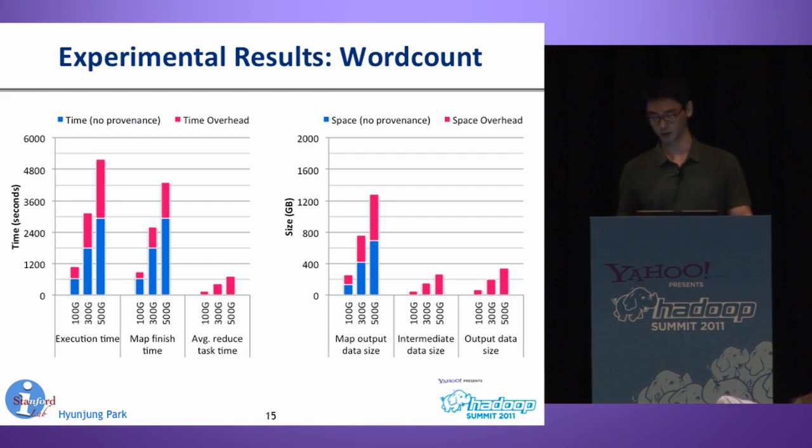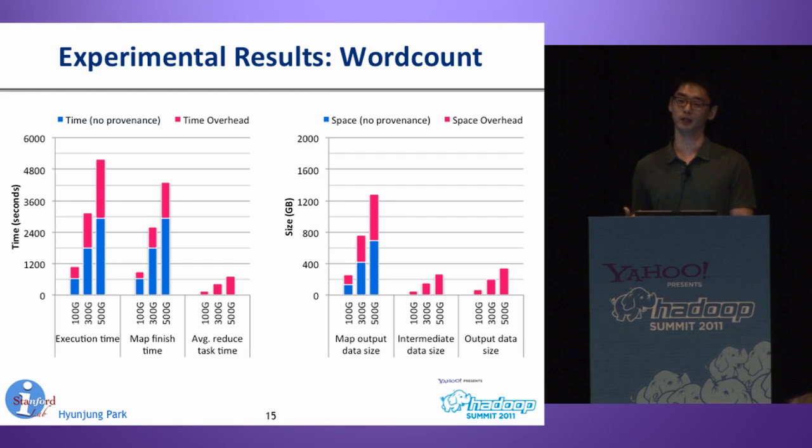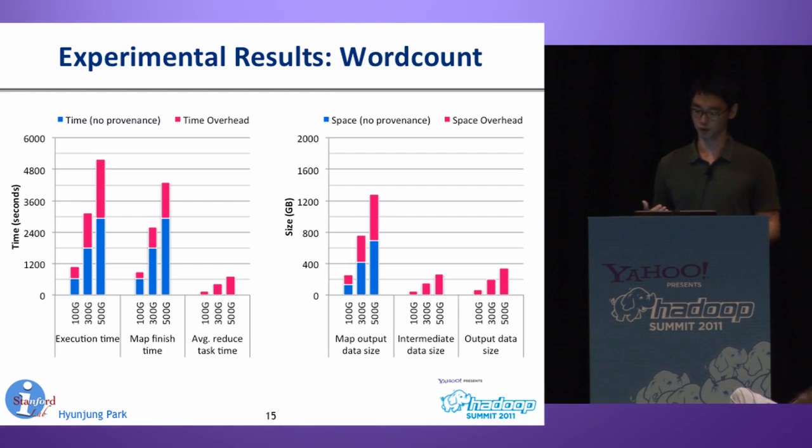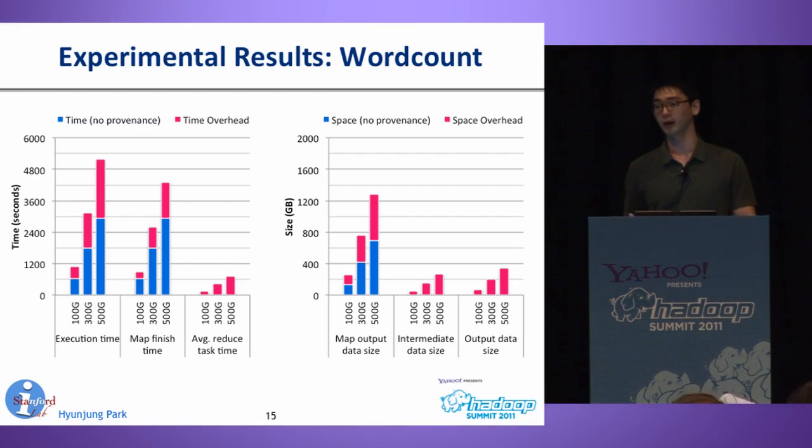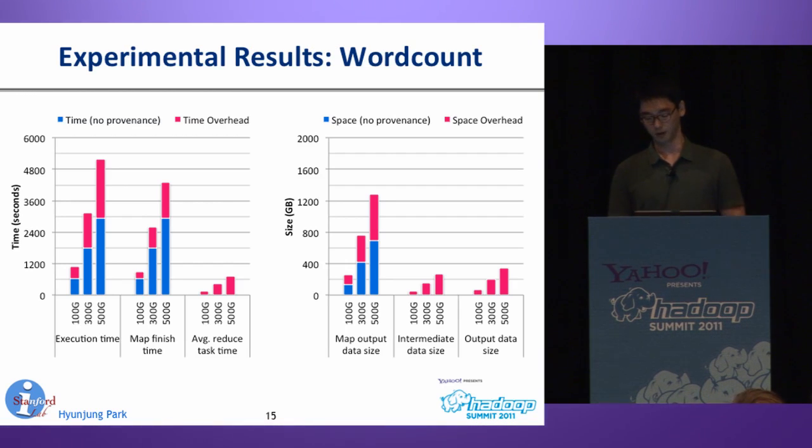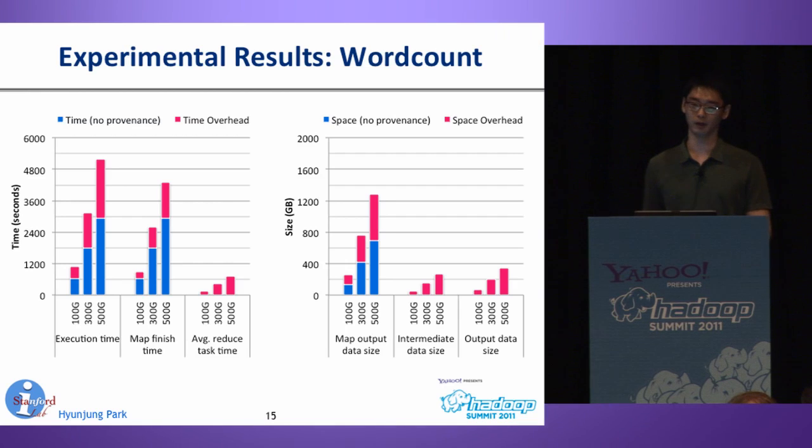So the provenance information, the input element ID, is relatively large. So we have some space overhead here. And then the combiner is not effective at reducing the provenance information size, so we have some overhead in the intermediate and final output data. Overall, the execution time increased about 76%.